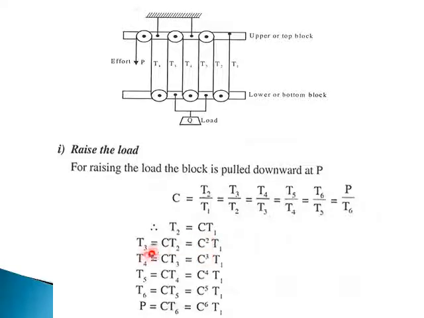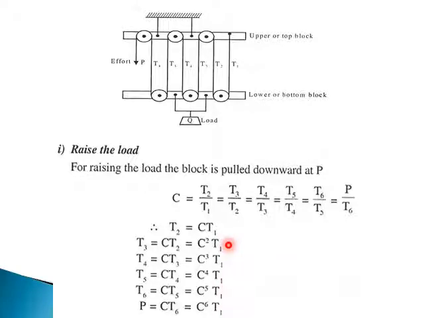Similarly, you have T4 is equal to C T3, which is C to the power 3 into T1, and T5 is equal to C T4. Similarly, you can write everything in terms of T1.